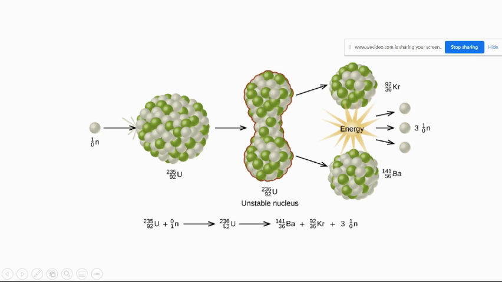Its mass would have gone up because it had more neutrons in there. The number down here stays the same because a neutron doesn't change that bottom number. Only a proton does. And then that uranium is going to be so unstable that it's going to break apart into two other things. And then this gives off 3 neutrons.